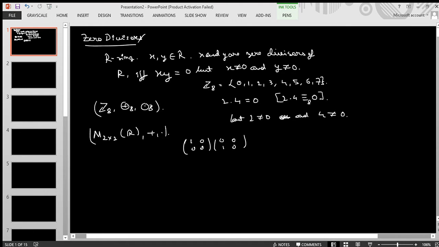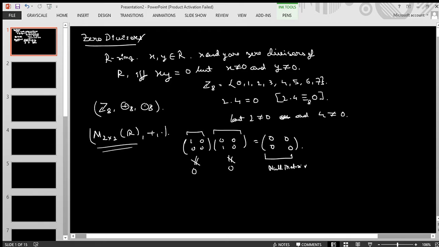When these two matrices are multiplied you will get the zero matrix, the null matrix. So you get the element 0, but neither factor is equal to 0. Clear? So these two matrices make zero divisors of this ring. I guess this part is clear. What are zero divisors?